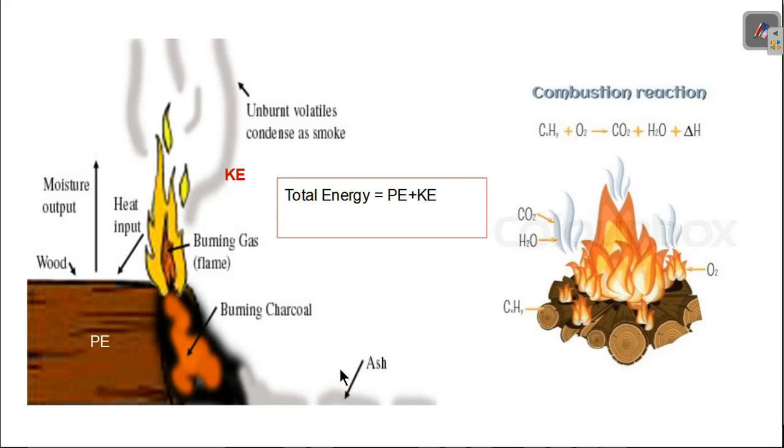Okay? So as we learned before, a fire is a combustion reaction. You have an organic substance with carbon and hydrogen combining with oxygen in the atmosphere. And when they burn, okay, that's a combustion reaction, you get carbon dioxide, water, and a lot of energy being released. Here you go.